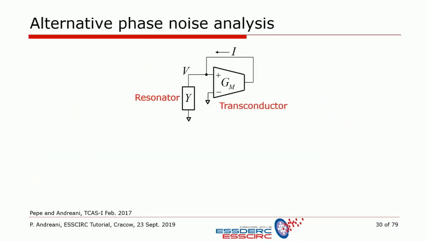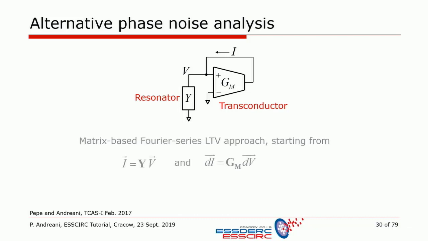We have, by the way, taken also our shot at a more complete phase noise analysis, starting very simply with a very general transconductor GM and a very general resonator of admittance Y. And the start is actually also very simple.